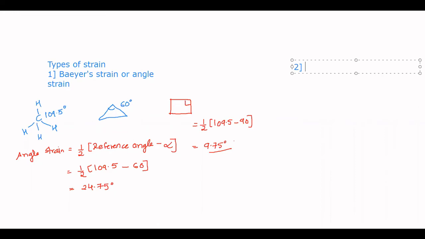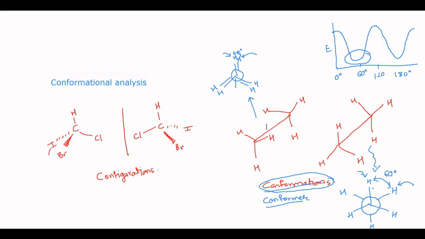The second type of strain that I'm going to talk about is the van der Waals strain, which is also called the steric strain. For this, I will take the same example of ethane in the eclipsed and the staggered form. Over here, the repulsion is more in the eclipsed form, and here it is less.